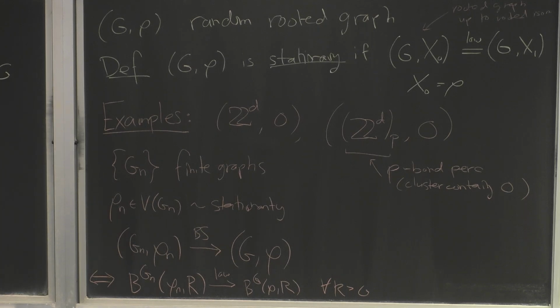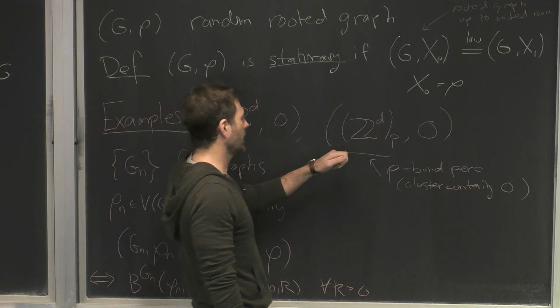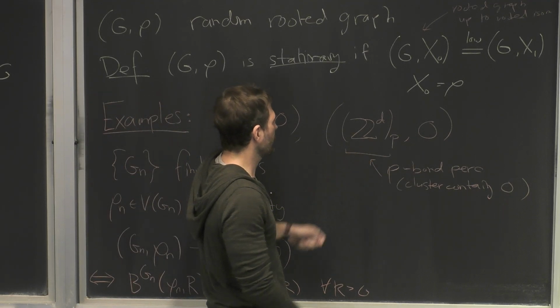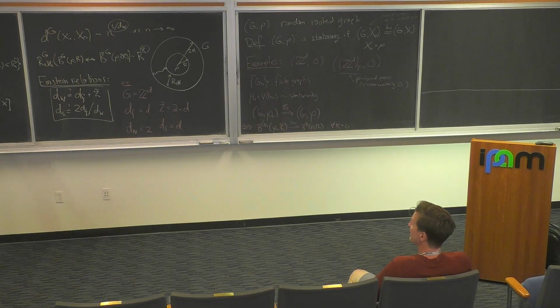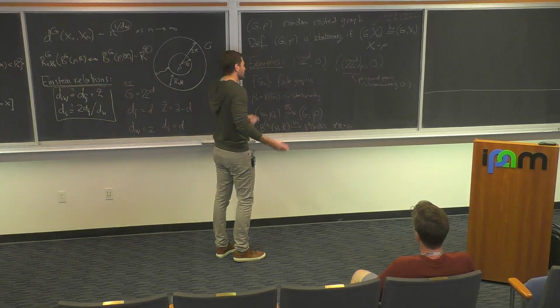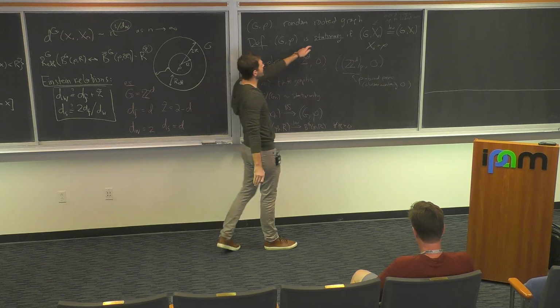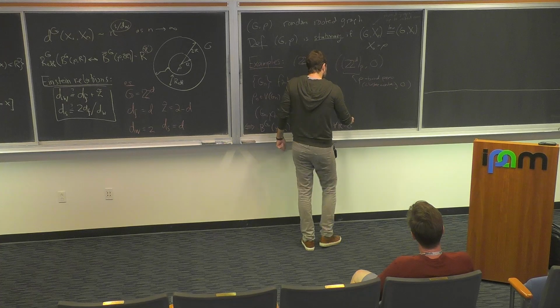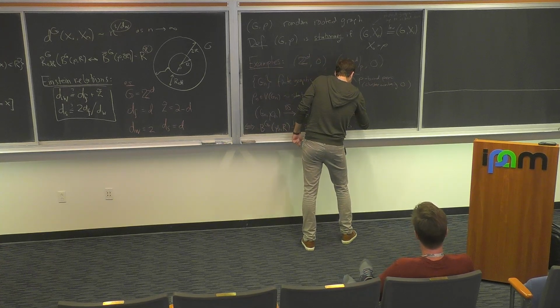So for instance, if we look at the square lattice at criticality, when p equals 1/2, we don't have an infinite cluster, but maybe you still want to study it. Of course, Kesten defined the incipient infinite cluster, and one can consider it as a stationary random graph in the following way.